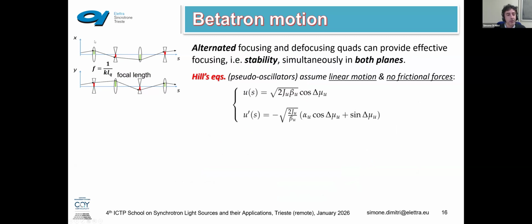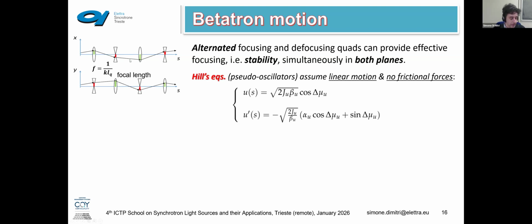If you like, this top plot is a top view of the particle trajectory along a series of quadrupoles, and the bottom plot is a lateral view of the particle trajectory along the same quadrupoles. As long as you keep the particles within the chamber, you are somehow ensuring transverse stability.